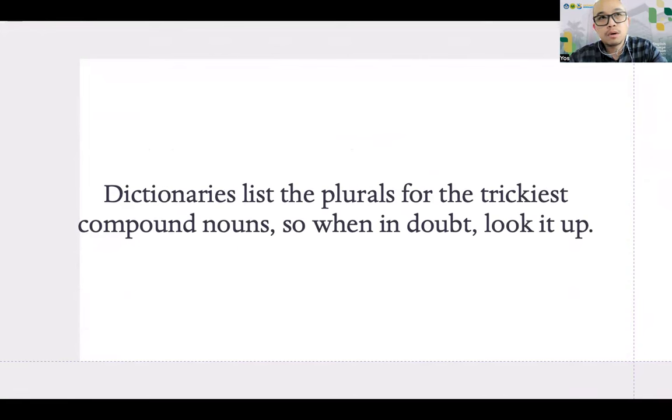We cannot just pretend to know how to make some compound noun plural, just by adding s or es at the beginning of the compound nouns. They can also be at the end of the compound noun. So it is very tricky, I know. And when in doubt, please look it up in your dictionary.